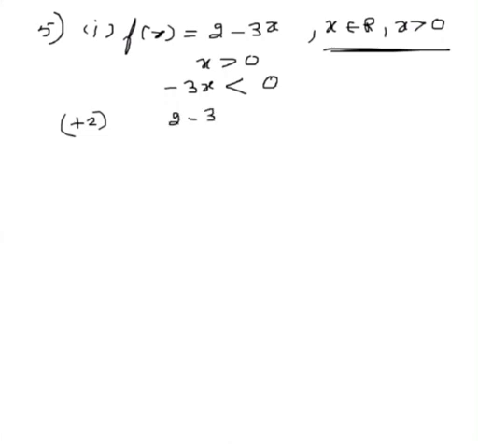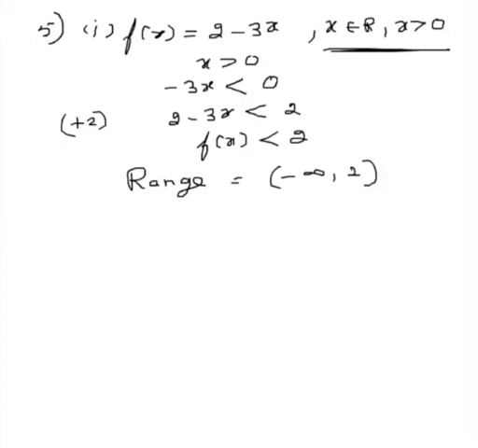So 2 minus 3x is less than 0 plus 2, which is 2. This is our f of x. So f of x takes the values which are less than 2. Therefore, the range is minus infinity to 2. 2 is not included, so open interval.